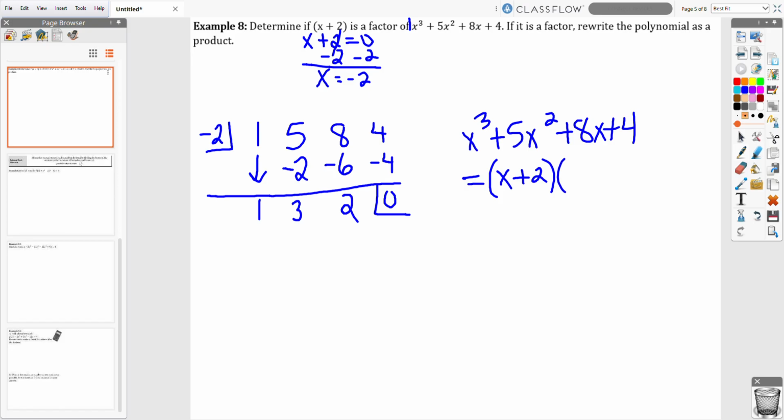So our quotient, remember, is down here. These are the coefficients of our quotient. So working backwards, we have the constant, we have the x or linear term, and we have the x squared or the quadratic term. So the quotient when we divide here is x squared plus 3x plus 2.